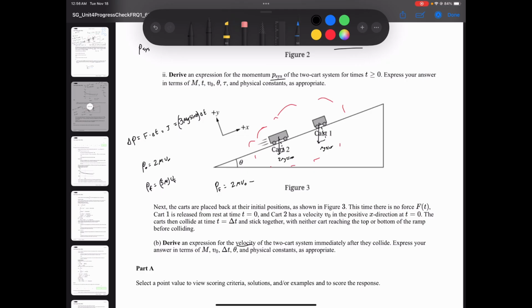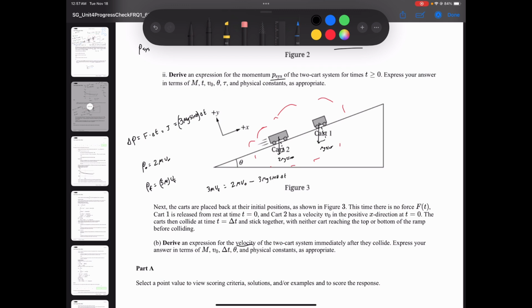It's asking for an expression for the velocity, not for the momentum. So the final momentum is 3m vf, because the carts are going to stick together, so they're going to act as a combined mass. And that's equal to the initial momentum minus the impulse caused by the component of gravity. So that's 3mg sine theta times delta t.